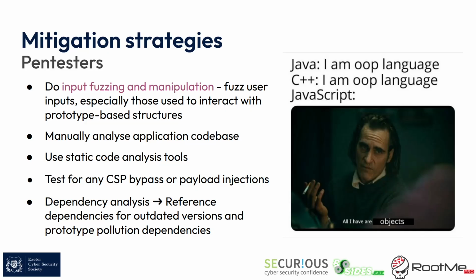You can test for content security policy bypasses or payload injections. And I guess the most important part is if you use any third-party dependencies, you do need to check if they're up to date or if they are subject to prototype pollution attacks. I wrote that wrong.